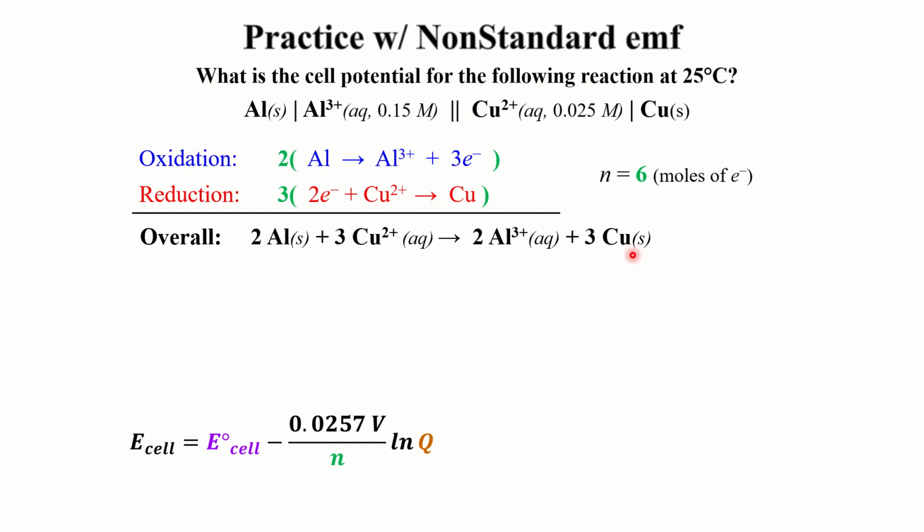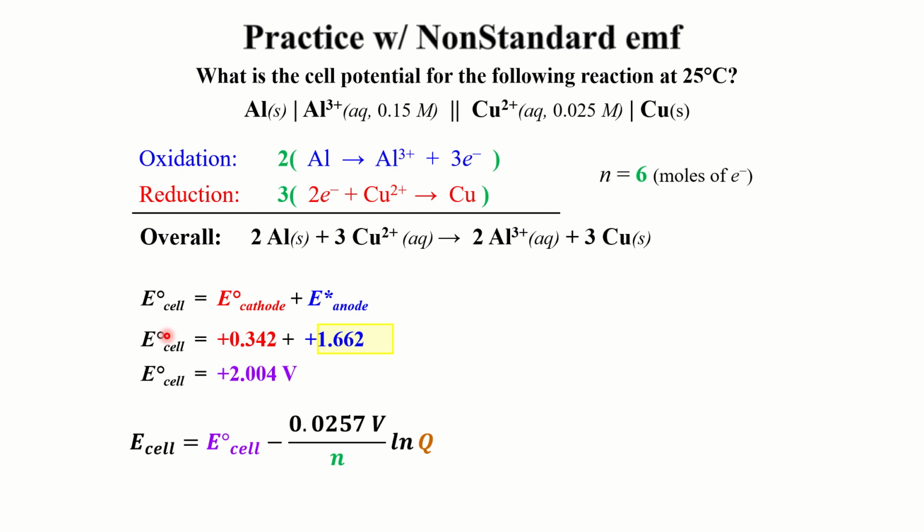We need to make sure the number of electrons balances, so I'm going to multiply the oxidation half reaction by 2 and the reduction half reaction by 3, giving me an overall reaction of 2Al plus 3Cu2+ forms 2Al3+ and 3Cu. We note that 6 moles of electrons are being transferred, so n equals 6 here.